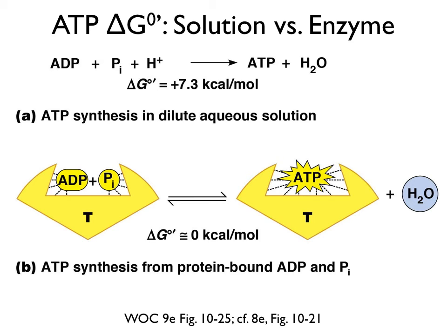When one of these beta subunits enters the tight conformation, it dramatically affects the free energy required to synthesize ATP. Now you remember that the standard reaction in solution for ADP going to ATP is plus 7.3 kilocalories per mole.